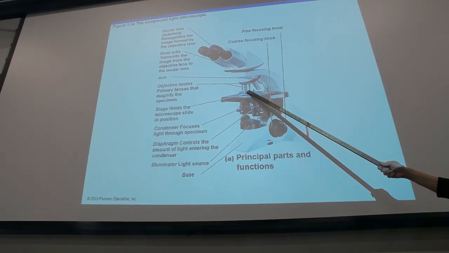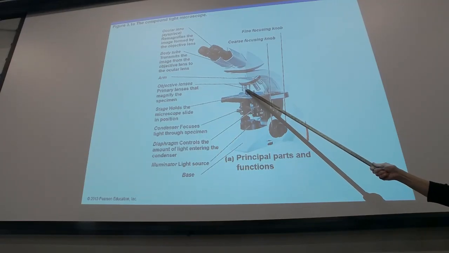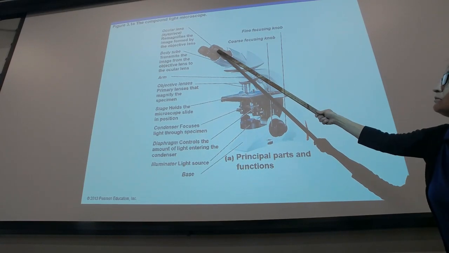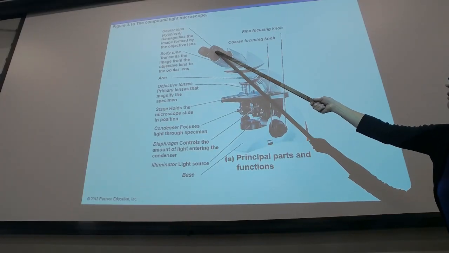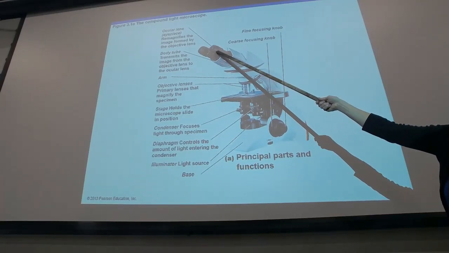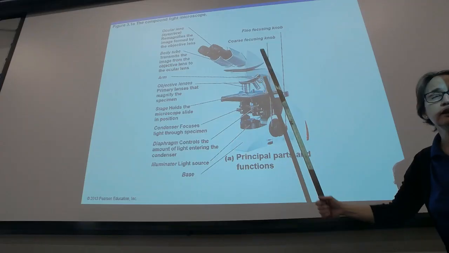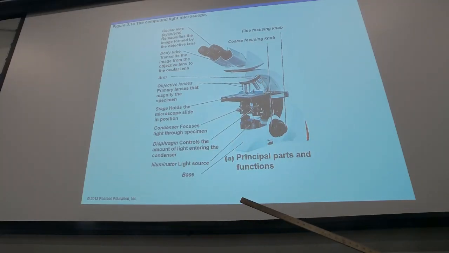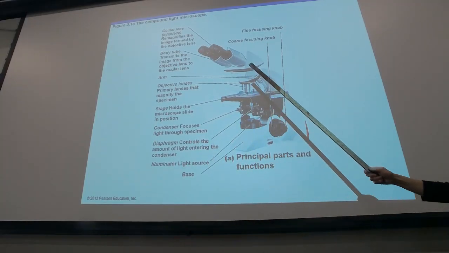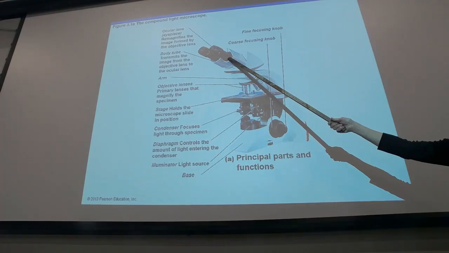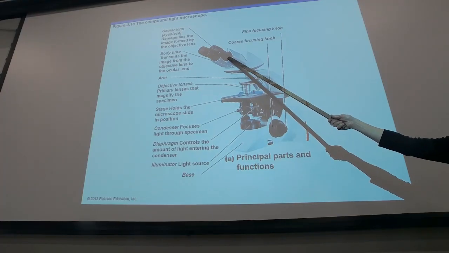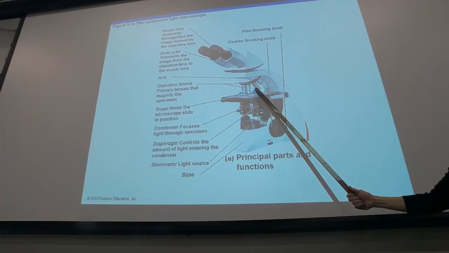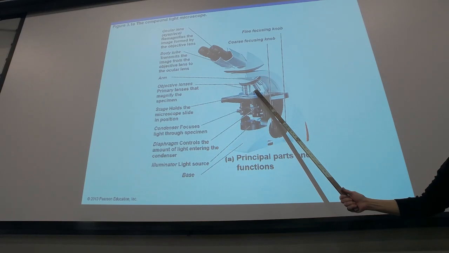The objective lens magnifies a specific number of times, between 5 to 100 times the object, and this one typically magnifies the object 10 times. So to calculate the magnification, or how big you will see the object, you multiply the number of times that the ocular lens magnifies the object times the objective lens.